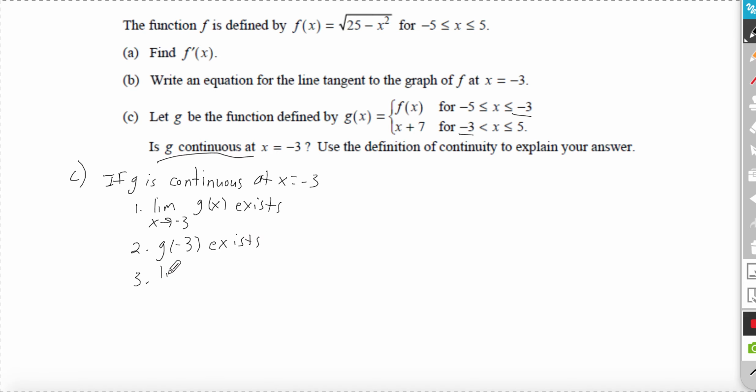And 3, the limit as x approaches -3 of G of x equals G of -3.